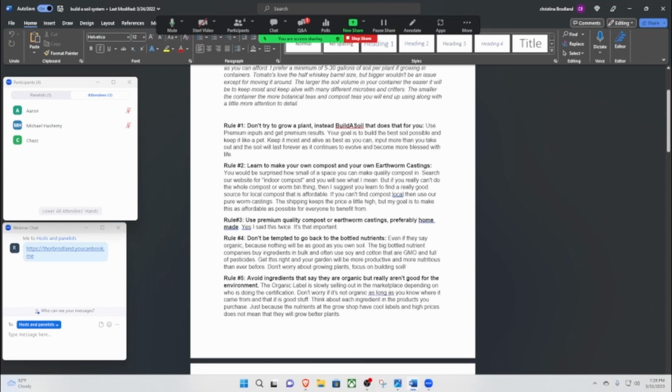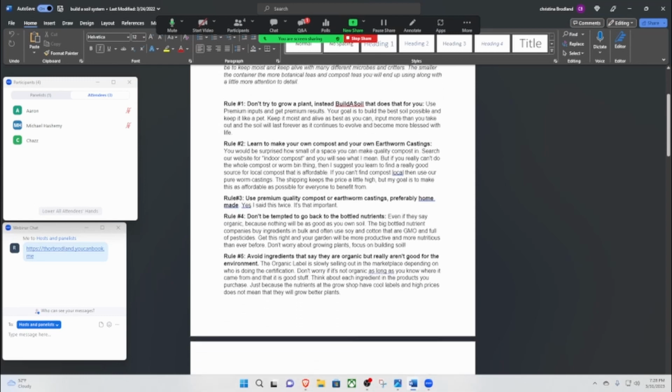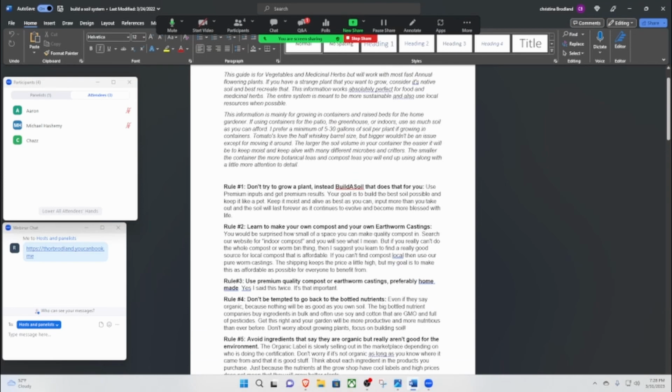A couple of different rules that they use with building living soil. They talk about the pot size and having a big enough volume, so a larger planter is better in this concept.